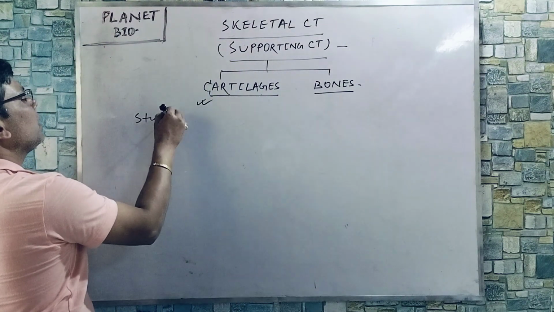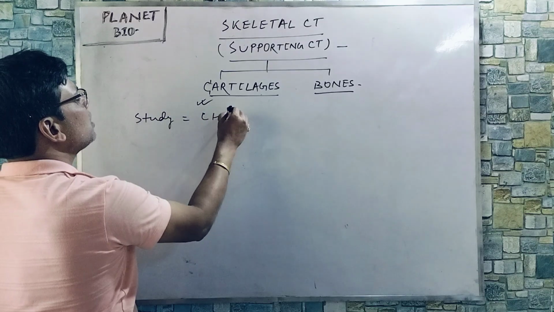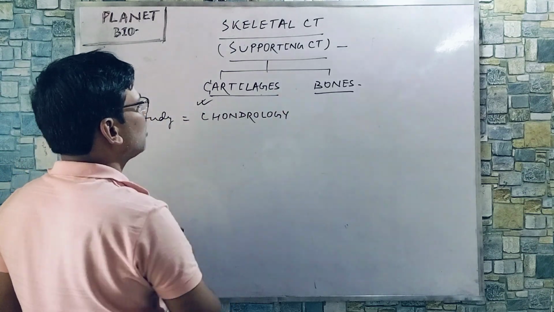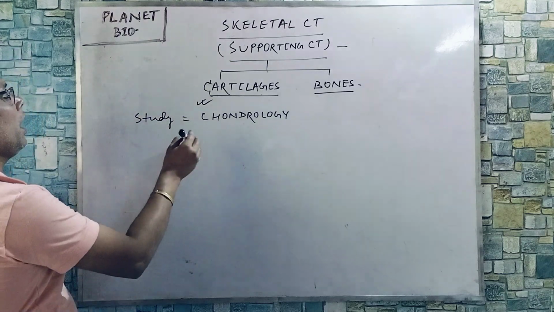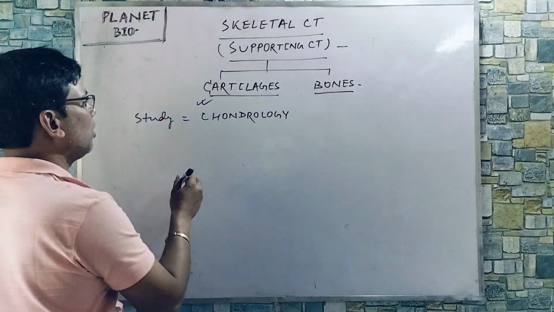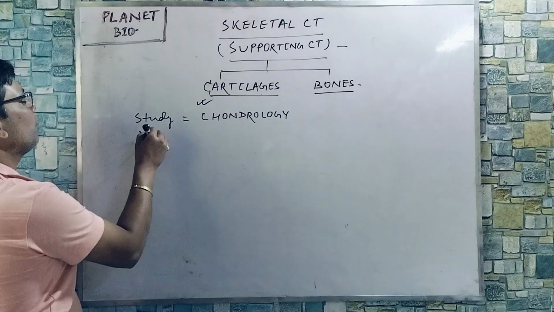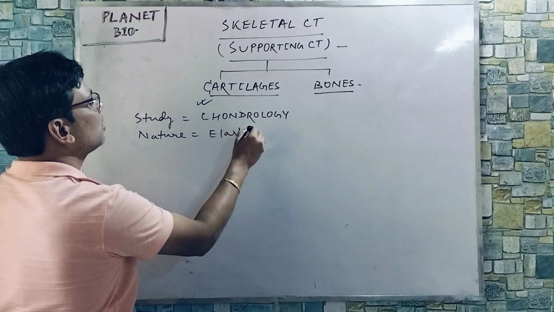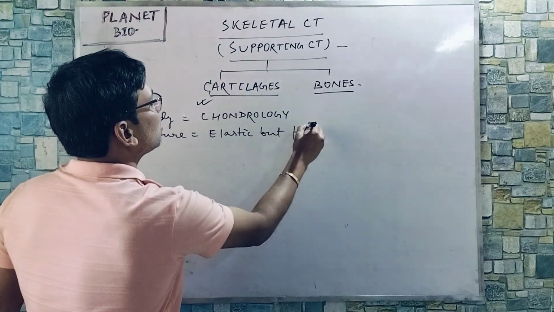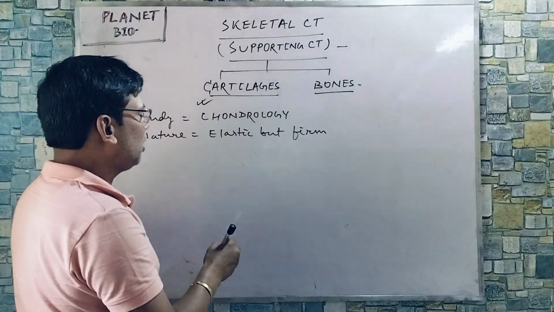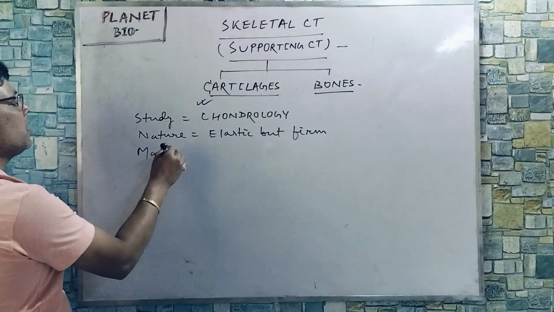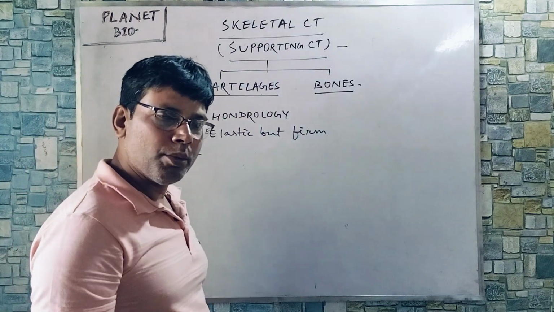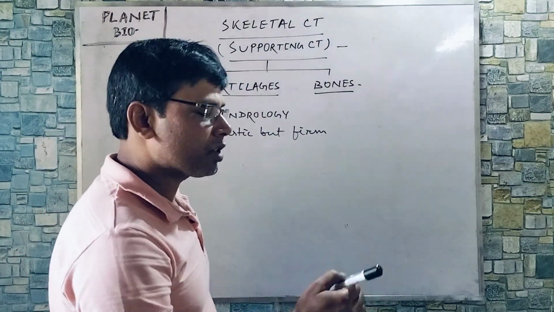Time to discuss cartilages. The study of cartilages is called chondrology. And you can see, so far as nature of cartilage is concerned, it is elastic but firm. That means it has got its matrix, and this matrix is going to be pliable, stretchable.